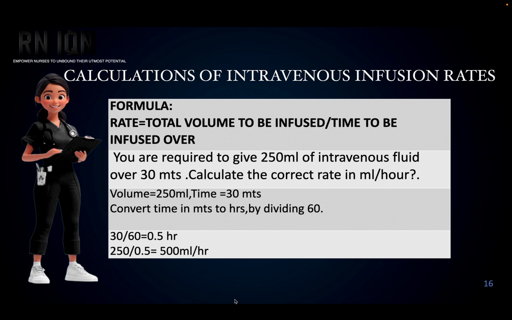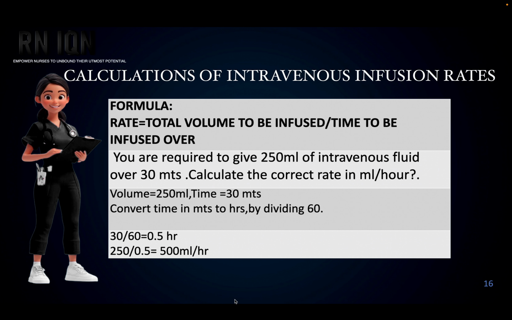Okay. You are required to give 250 ml of intravenous fluid over 30 minutes. Calculate the correct rate in ml per hour. Here the total volume is 250 ml. Time to be infused over is 30 minutes. As I told you earlier, you have to calculate this rate in ml per hour, so you have to convert 30 minutes into hours by dividing by 60. 30 divided by 60 is equal to 0.5 hour.